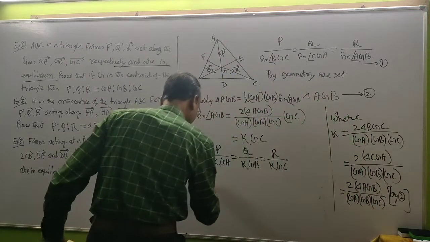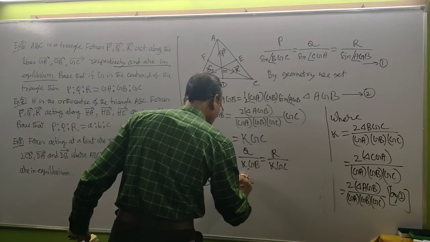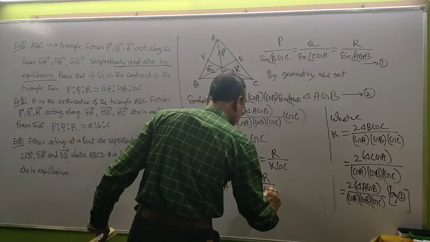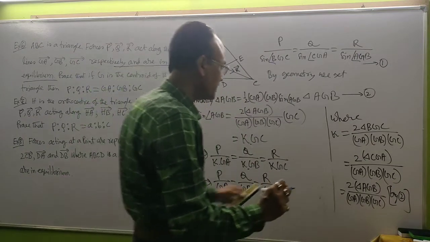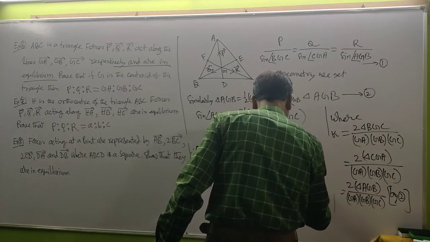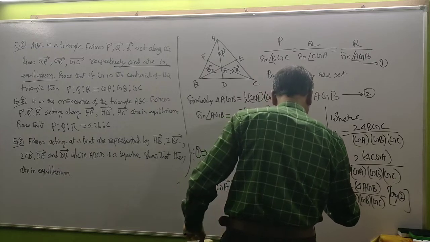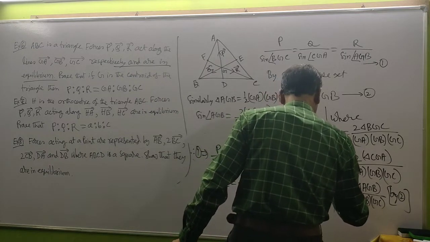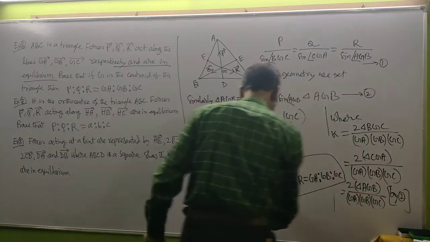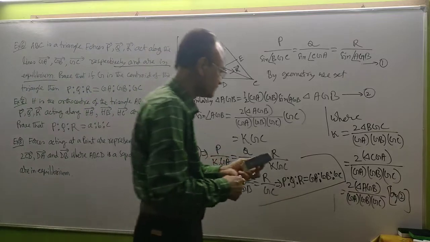This means P by GA equals Q by GB equals R by GC. This implies that P is to Q is to R should be equal to GA is to GB is to GC.